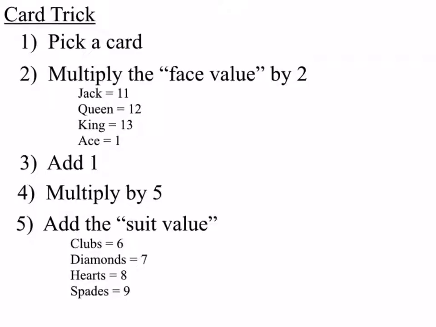And then next you will add the suit value. I'm defining clubs to be 6, diamonds to be worth 7, hearts to be worth 8, spades to be worth 9. I didn't have to do that, but I just chose to. And I just went in alphabetical order to keep it nice and simple.